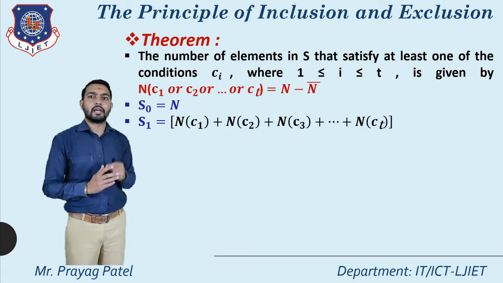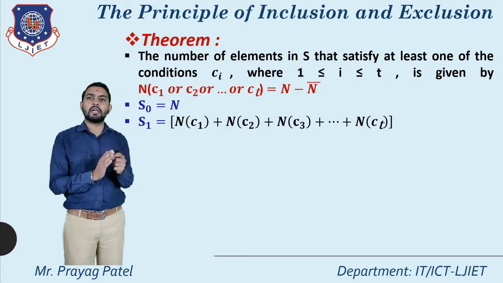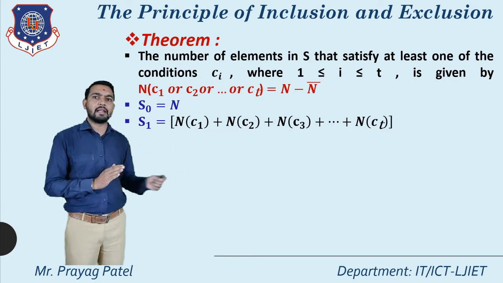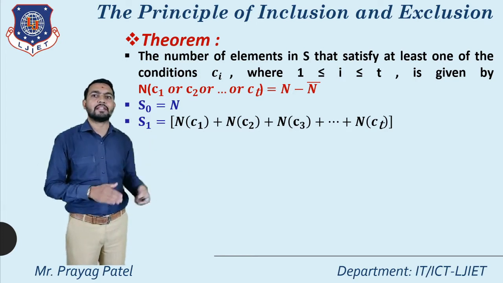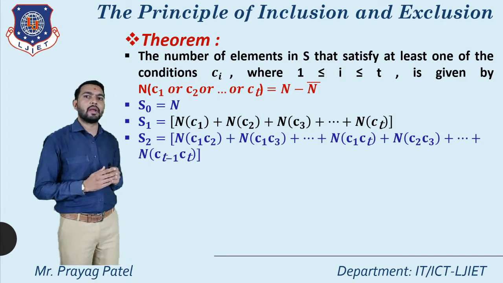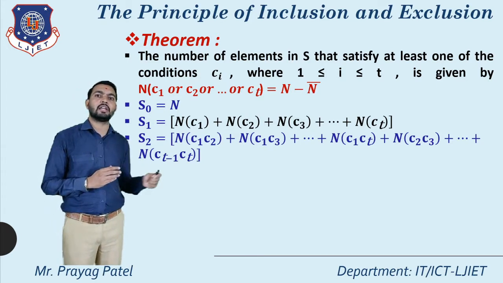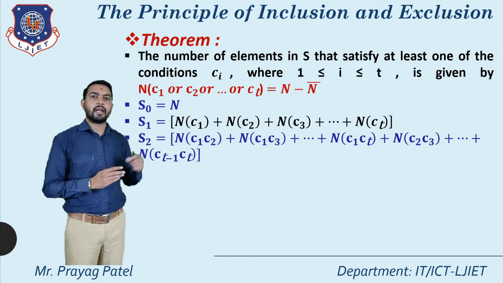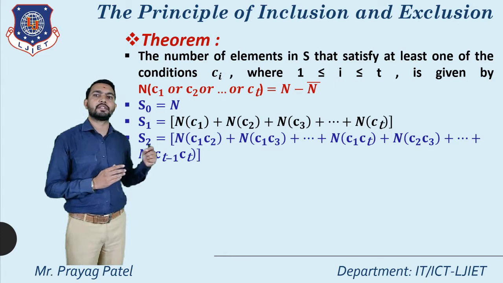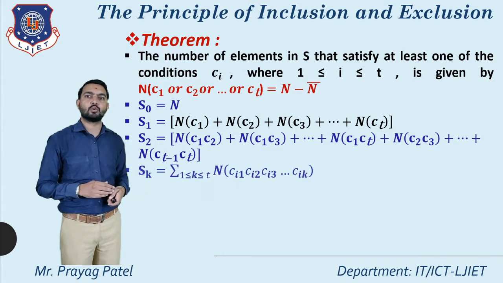So S0 equal to n. Now what is S1? S1 means the second term. So S1 equals all the individual elements, that means NC1 plus NC2 up to NCt. Now S2. S2 means combinations of two elements: C1C2, C1C3, C1Ct, then C2C3 up to Ct-1Ct. This is called S2.